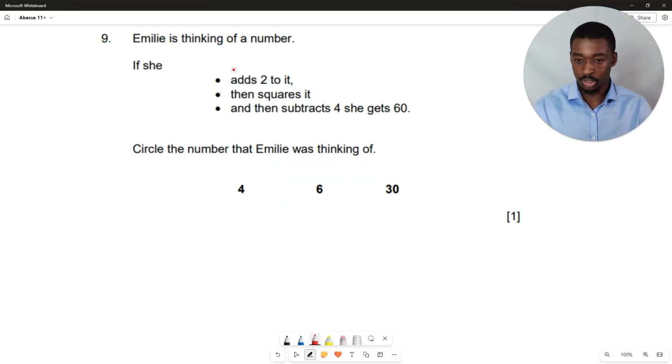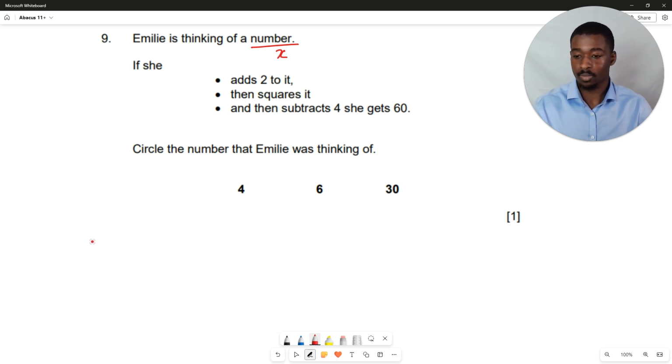So here for this question, the whole point is to turn this text into maths. And if we can do that accurately, the answer should pop out. So let's try and work this out. Emily is thinking of a number, and let's call that a number x. What does Emily do to x? Well, first she adds 2 to it. She adds 2 to x.